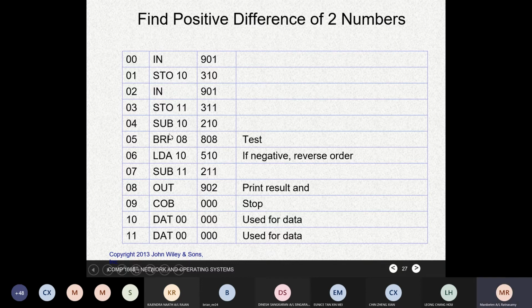So over here, subtract 2 from 4, for example, you get positive. Positive, you go here and you print out the result. If negative, if the value is negative, you load 10. You load the new value into this value.